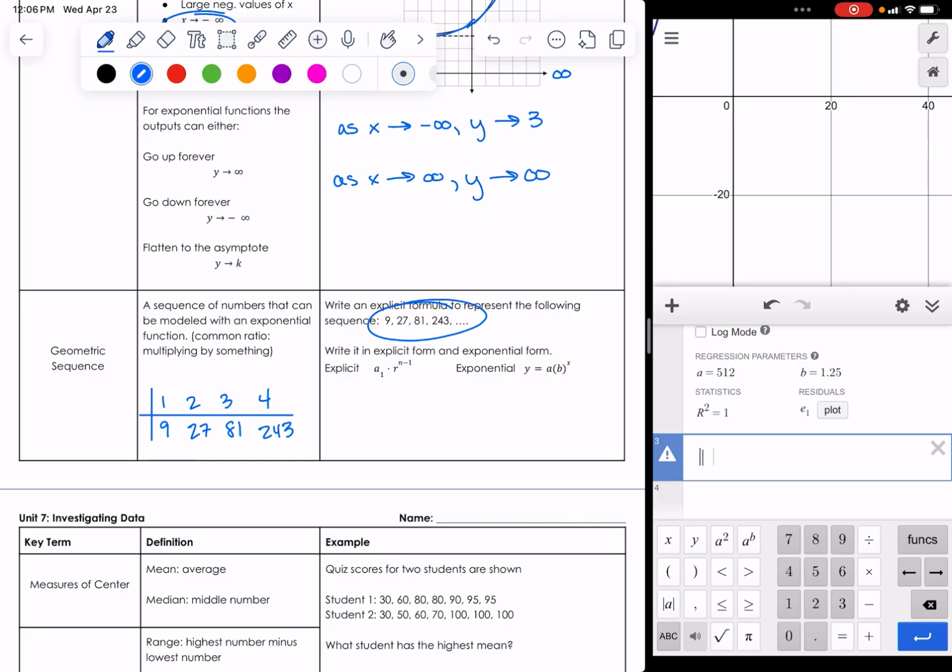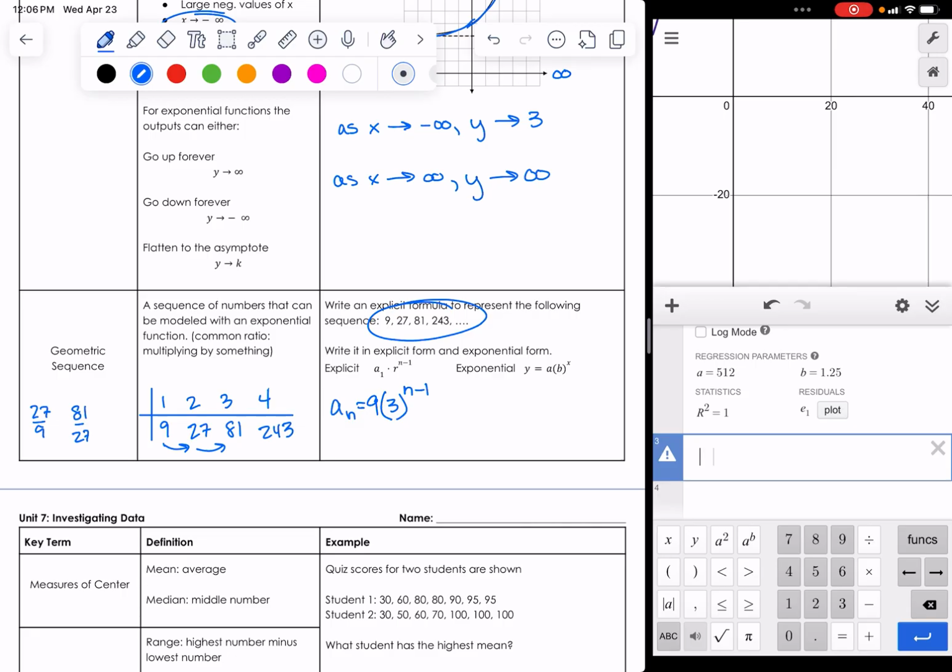So we can write an explicit form right here. a_n is equal to the first term, 9, times what we're multiplying by each time. And we can find that again by doing any term divided by its previous. So 27 over 9 is 3, 81 over 27, also 3. So we're multiplying by 3 over and over again, and then we just put n minus 1 up here as our exponent.